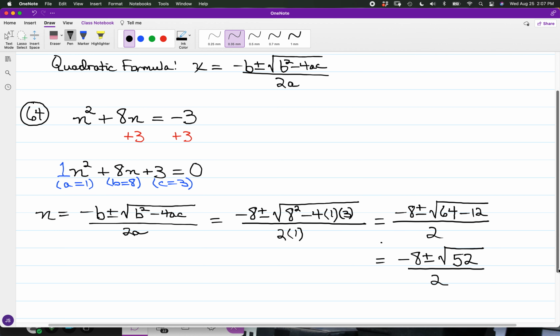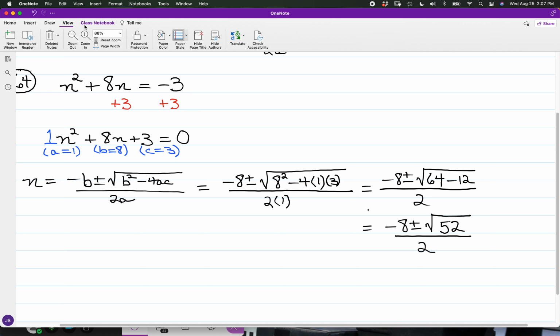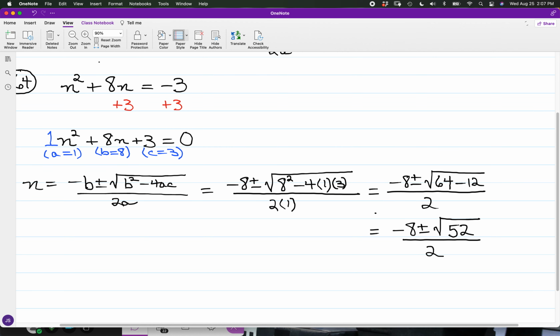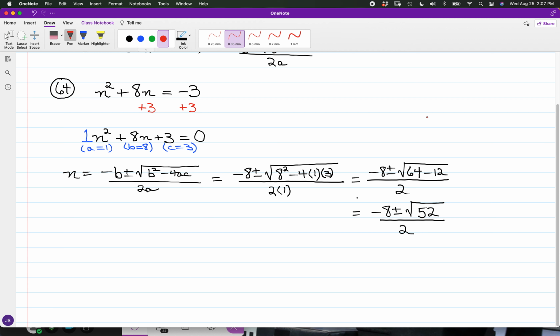Now with the square root of 52, 52 is not a perfect square, but it is a multiple of a perfect square greater than just the number 1. With your perfect squares, we have 1, 4, 9, 16, 25, 36, 49, 64, 81, and so on.